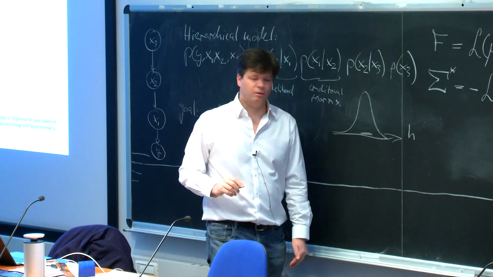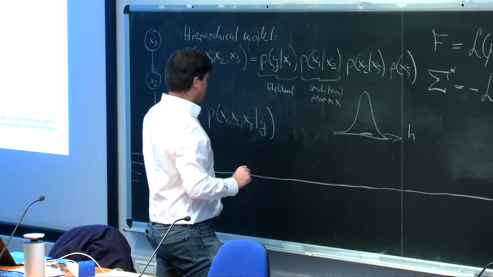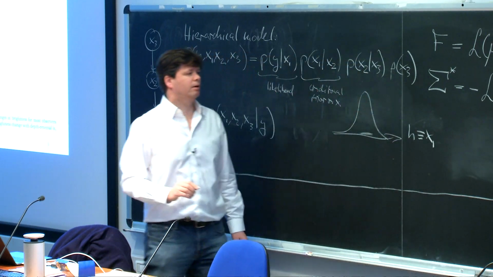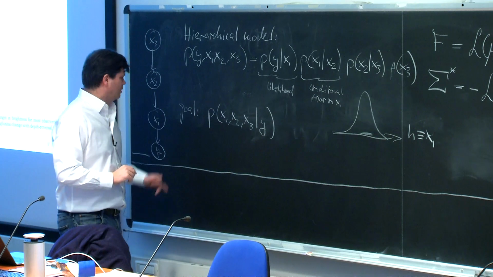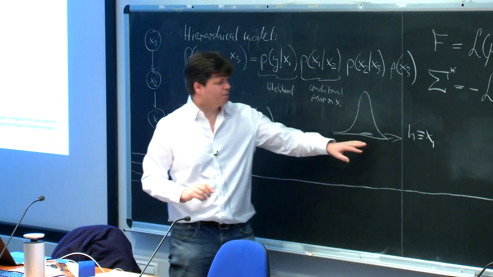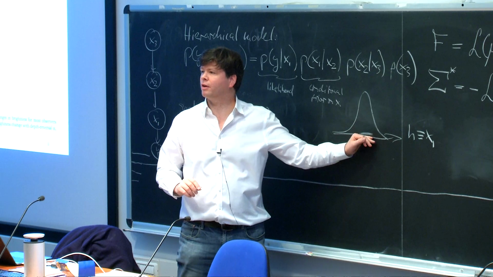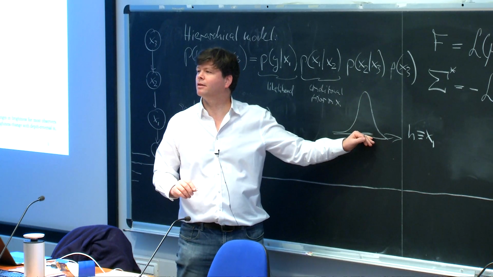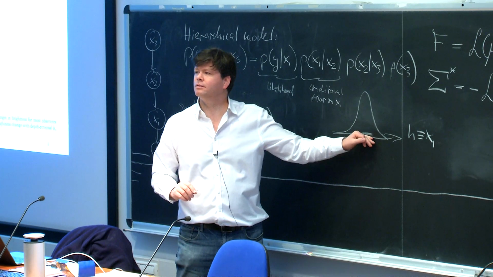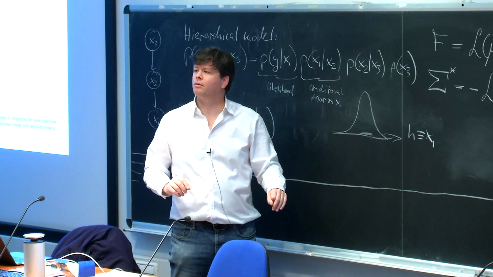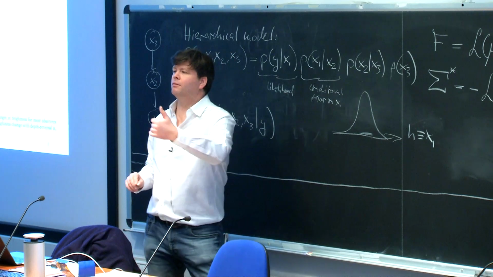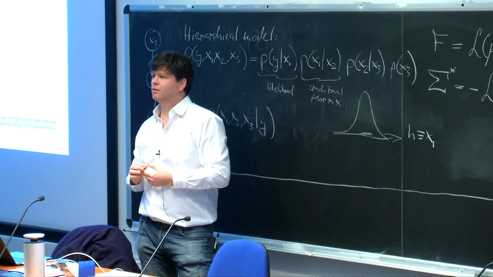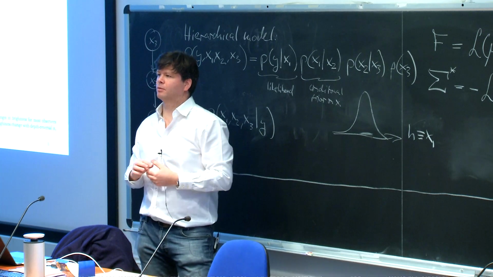So if this is our x1, then what we would end up with is a posterior on x1. So an estimate of the number of hours worked with a certain uncertainty, because we're always uncertain about the stuff we're inferring.